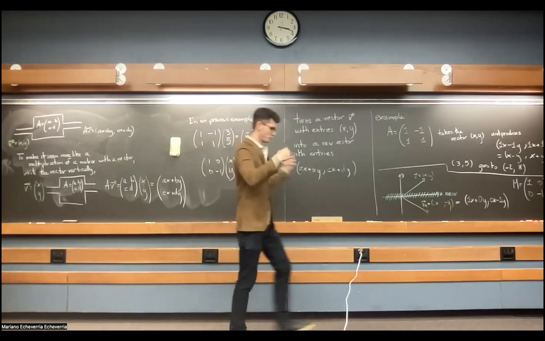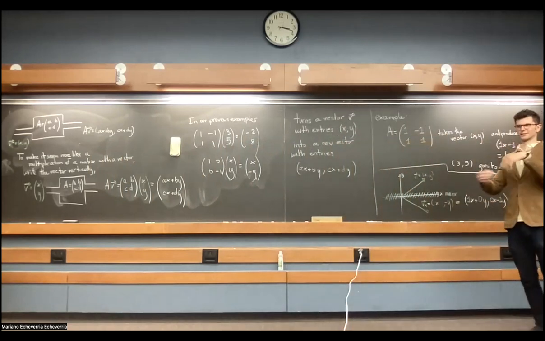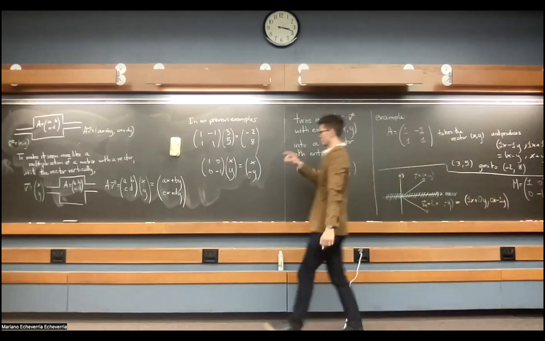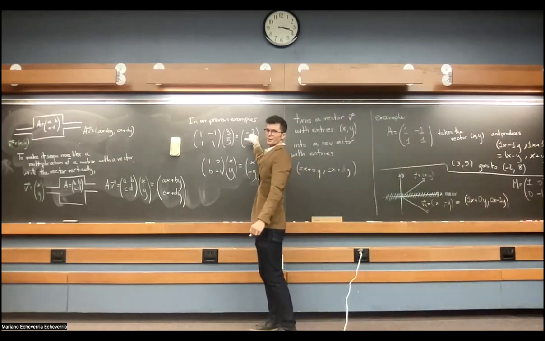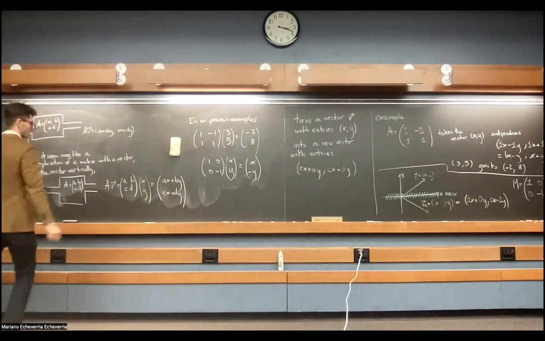It saves you space, but instead of saying you take a vector 3, 5 to -2, 8, you just write this vector times this matrix gives you this vector. It's like a shorthand way of saying all of that.